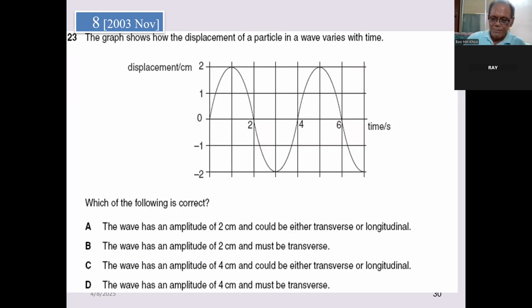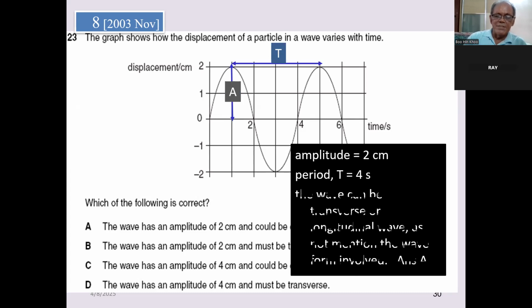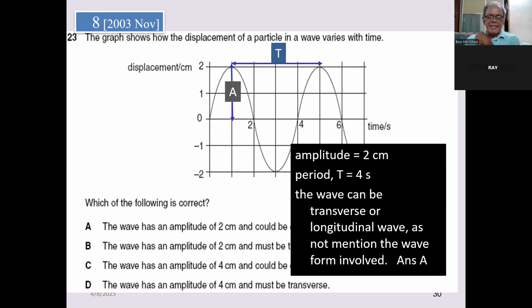Longitudinal wave can also be represented by that. Amplitude is 2 cm. That's amplitude. That's your period or second. Right? Answer is A. It's just a displacement time graph only. It doesn't tell you much. It can be transverse wave. It can be longitudinal wave.